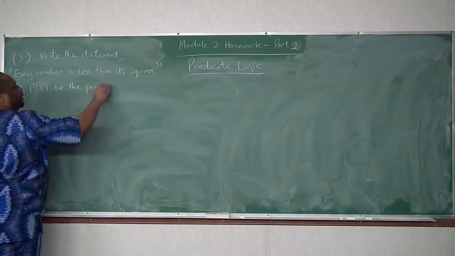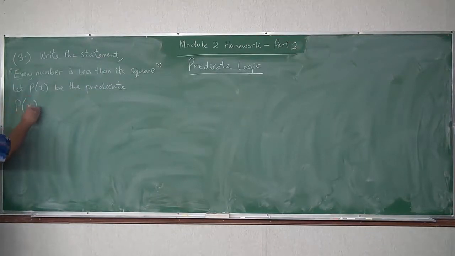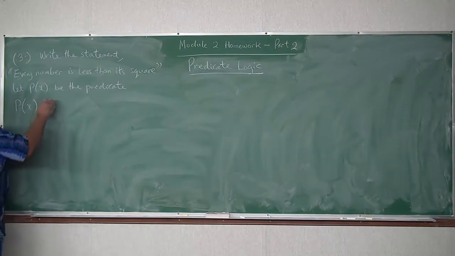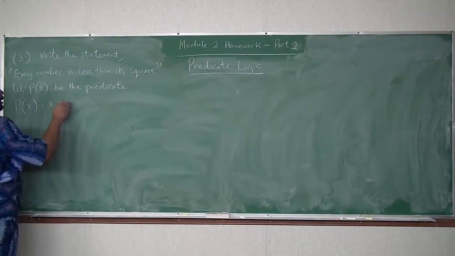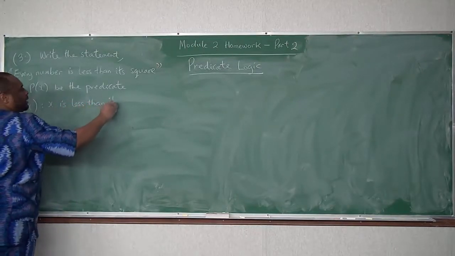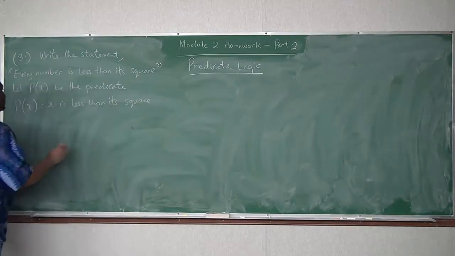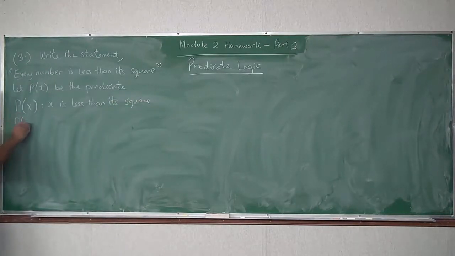So we can write P of x such that x is less than e squared. This is in English, but they want us to write it in math.